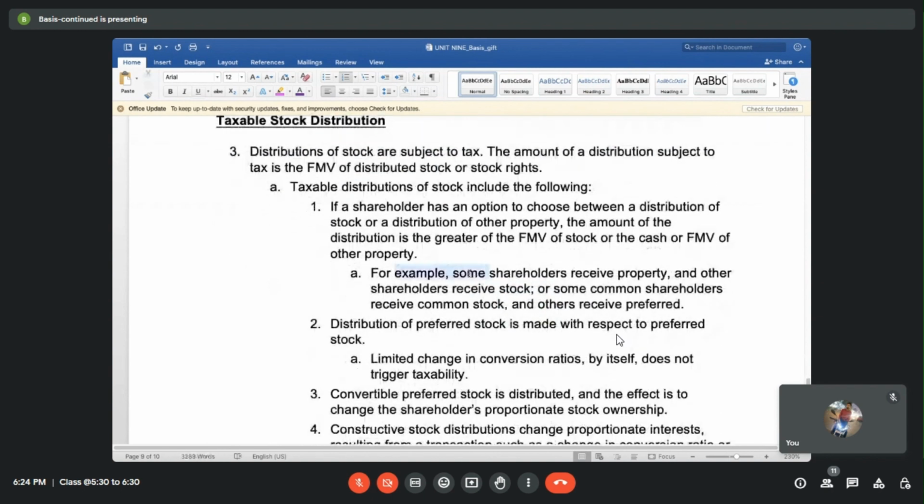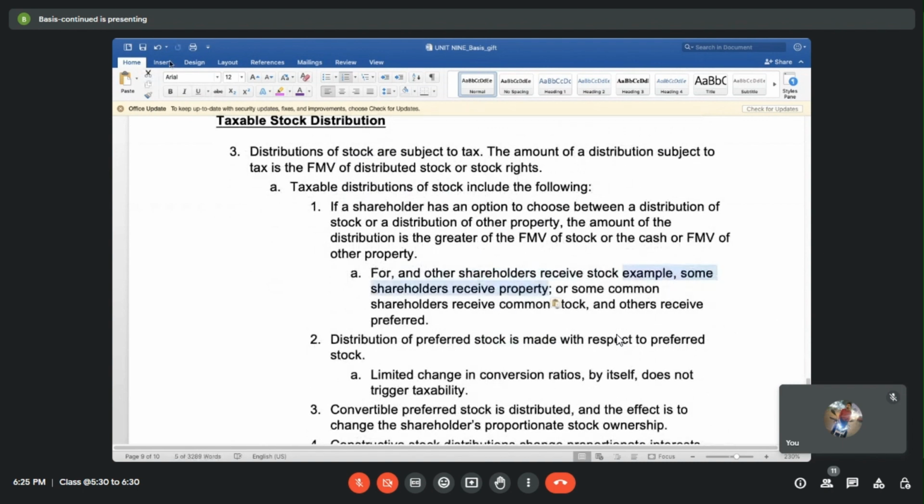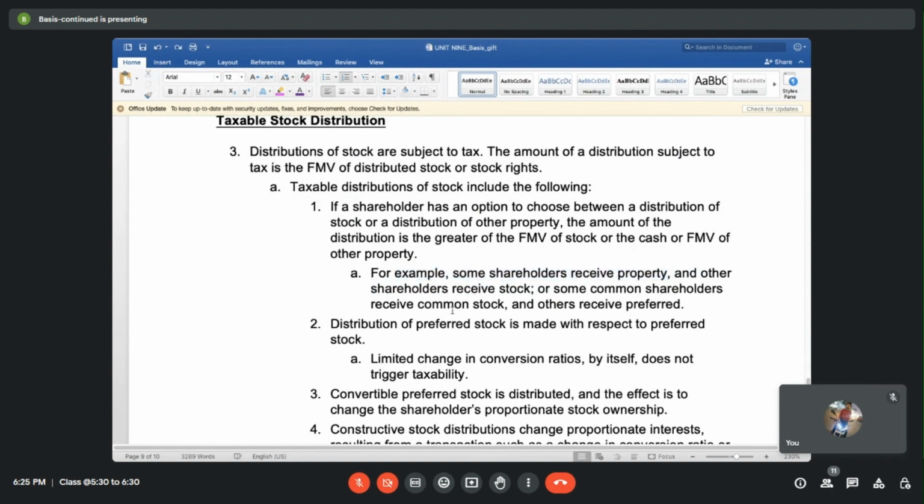For example, some shareholders receive property, some receive stock. And some receive common stock, some receive preferred stock. And usually that happens when they want to compensate people. So based on how much they want to compensate or how much incentive the companies want to give to their employees, they may have a different distribution.